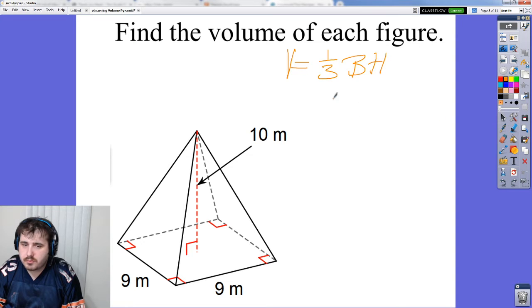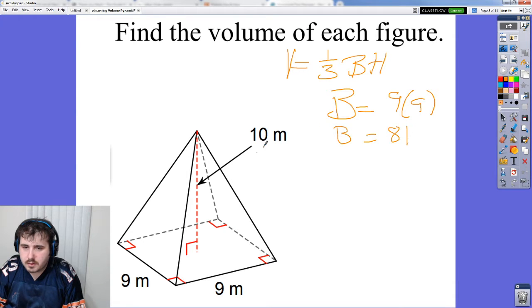So you go through, you find the area of the base. Well, this is the base, right? The one that's not the triangle. So you go through 9 by 9. It's a square with an area of 81. And then the height, you just follow it up, and that's 10. And then you go through and you find the volume is 1/3 of 81 times 10.